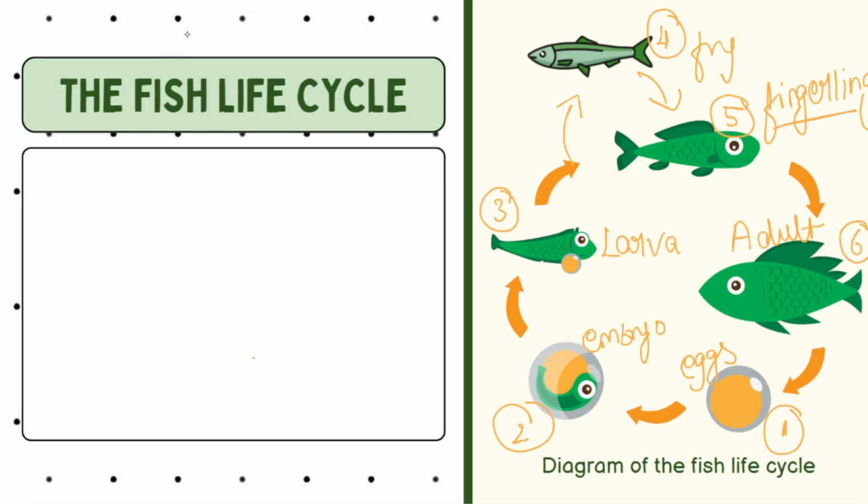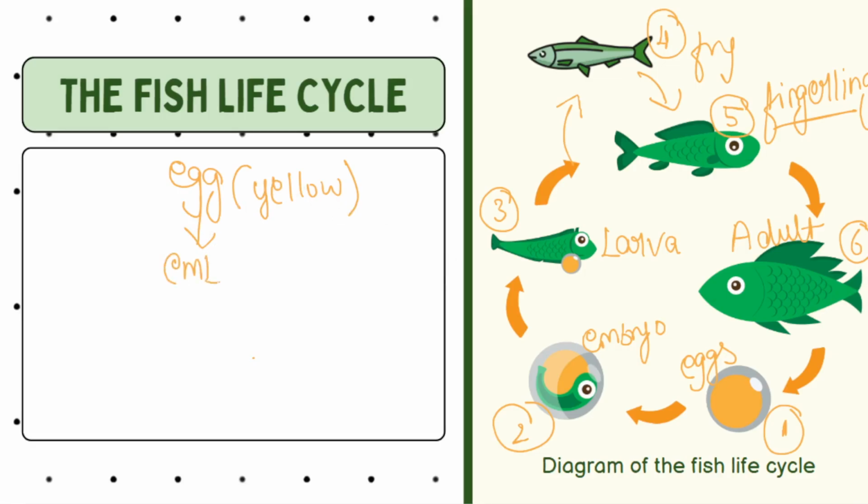So we have seen the first stage, which is the egg, which the adult fish lays, yellow in color inside. Then the embryo.